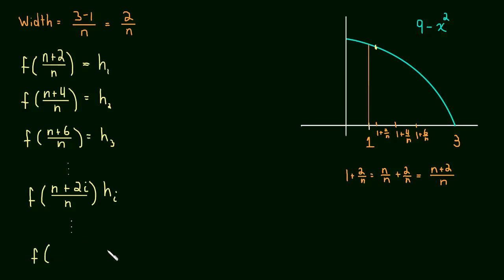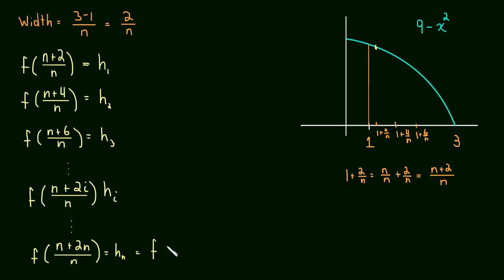So the last rectangle is going to be the nth rectangle, right? If we have 1,000 rectangles, the 1,000th rectangle is the last one. So if we have n rectangles, the nth rectangle is the last one. So this becomes n plus 2n over n. This is the height of the nth rectangle, the last rectangle. And let's simplify that.